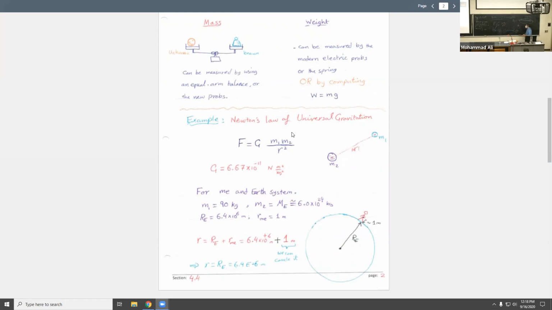It is a small value, 10 to minus 11. That means we need masses more than this magnitude to have the force sensible, and a radius small enough to sense that force.